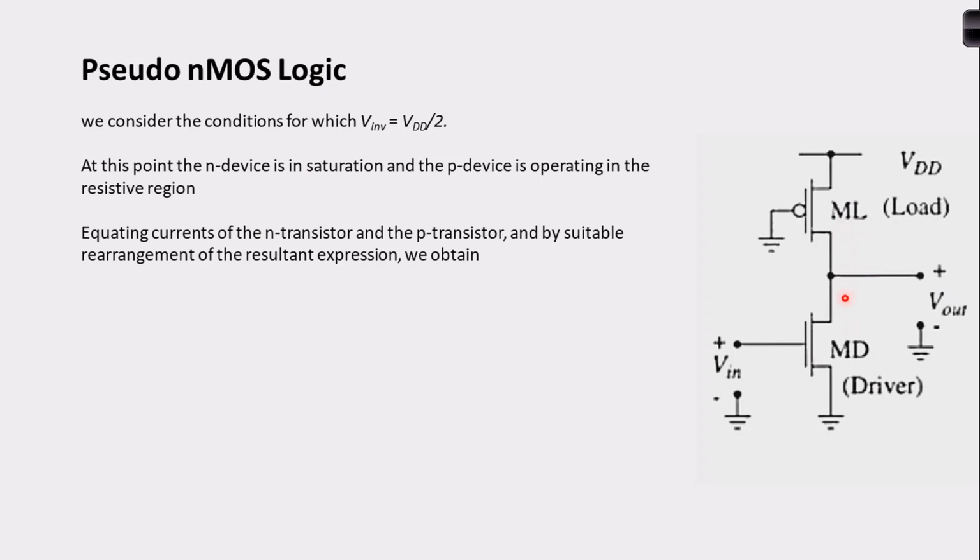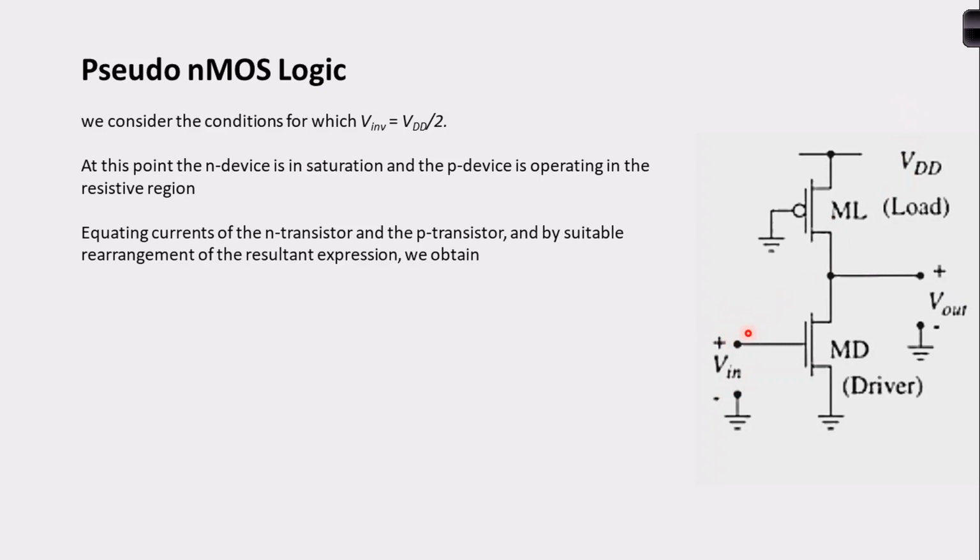So let us consider a scenario over here. For the Vin, I am going to apply VDD by 2 voltage. If I have something like 5 volt in terms of VDD, then I'll be applying 2.5 volt over here.